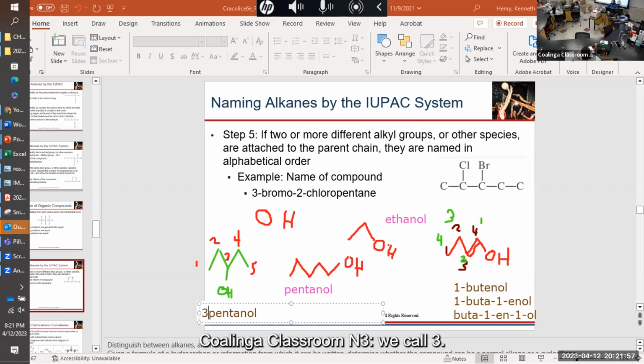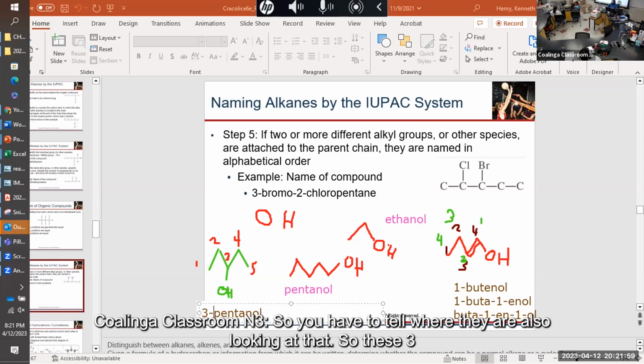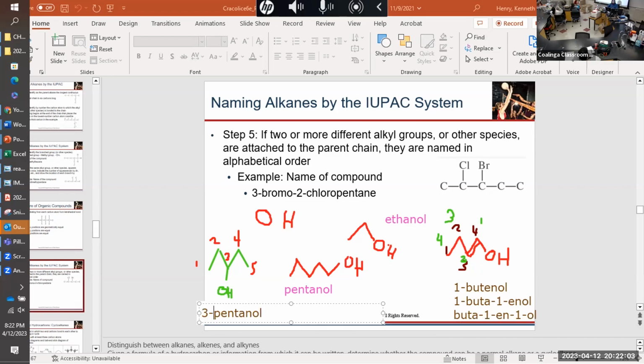So we call this 3-pentanol, because we have to tell where the alcohol is located. Okay. Questions?